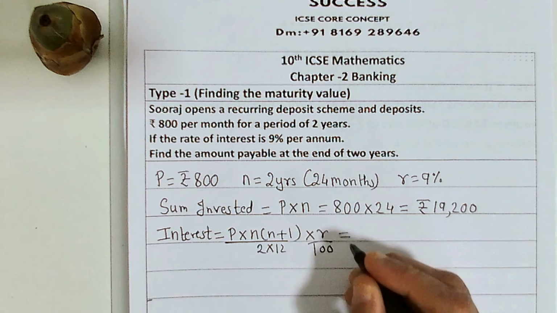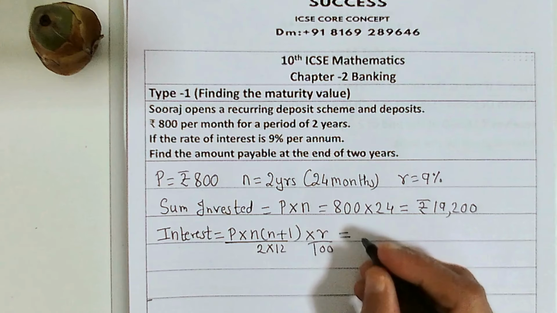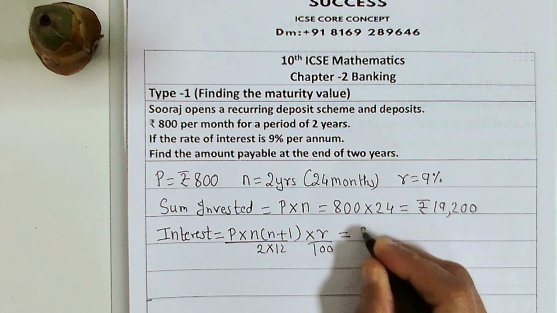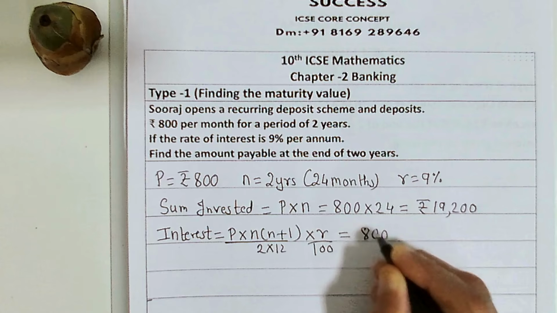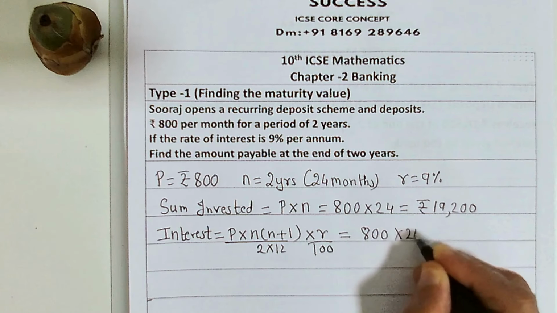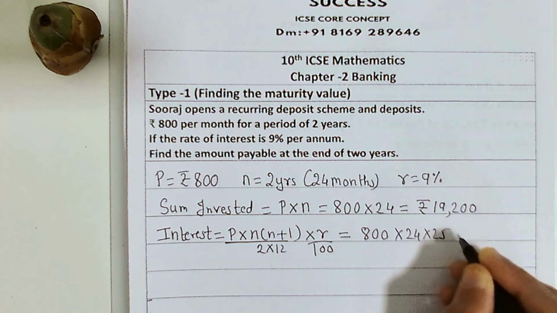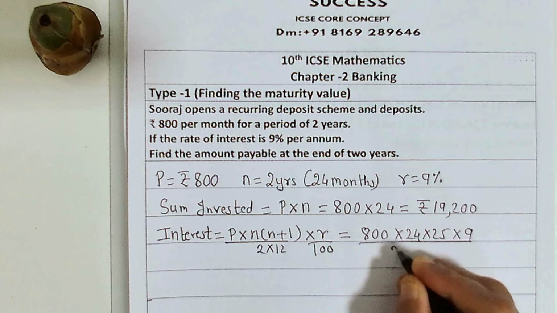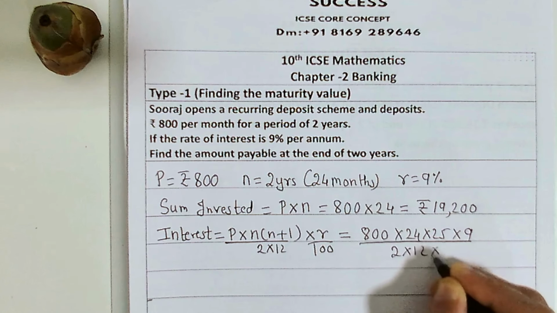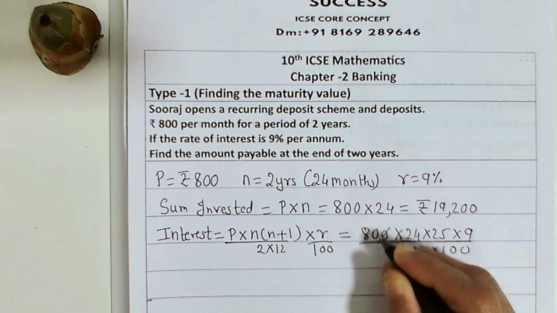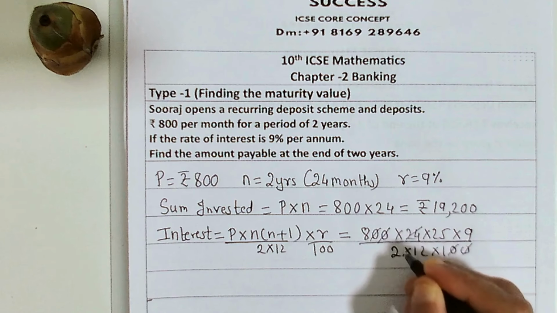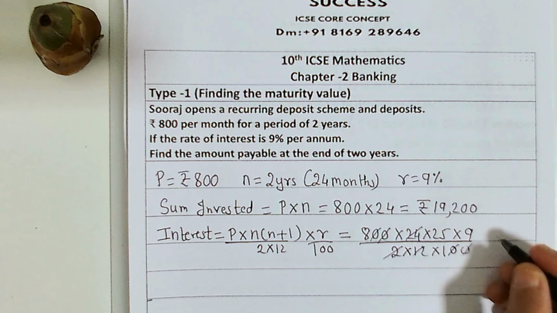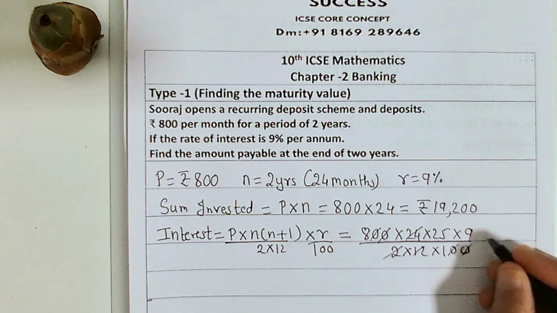You have to be very quick in calculation plus smart in calculation. So 800 into 24 into 25 into 9 upon 2 into 12 into 100. Be smart in calculation.